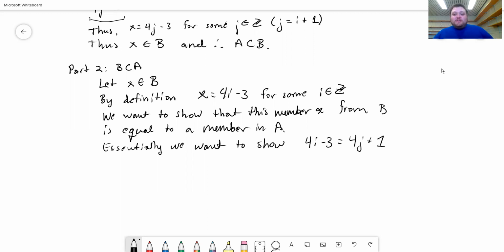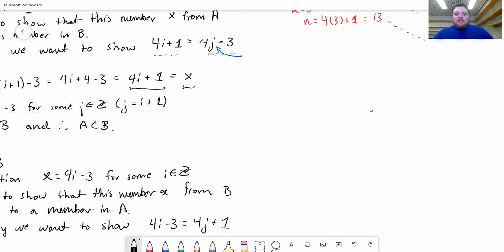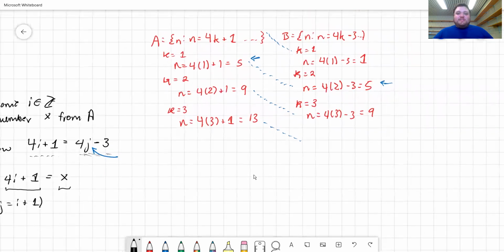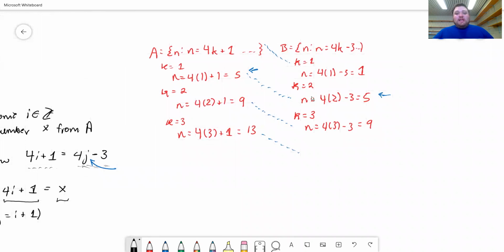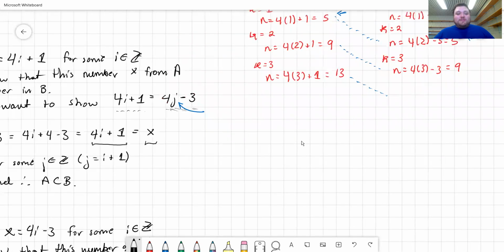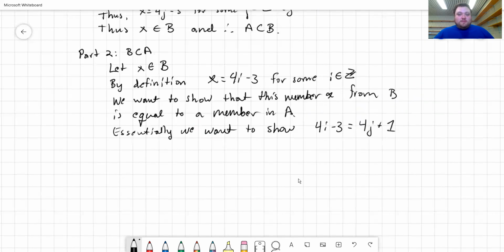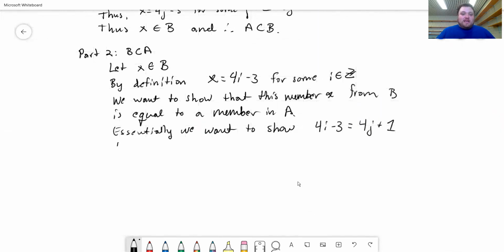And we're going to use the same idea that we had back here, except we're going the opposite direction. So we're in B, and for k equals 2, we get 5, but it's one value less that gets us 5 from A. So instead of adding 1, we will subtract 1. So let j equal i minus 1.